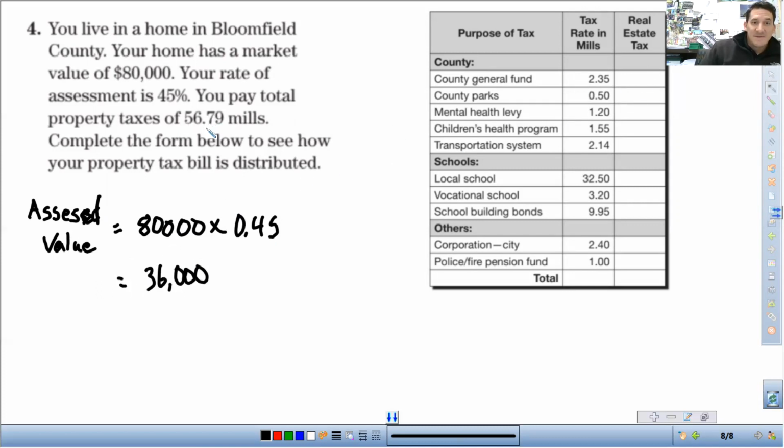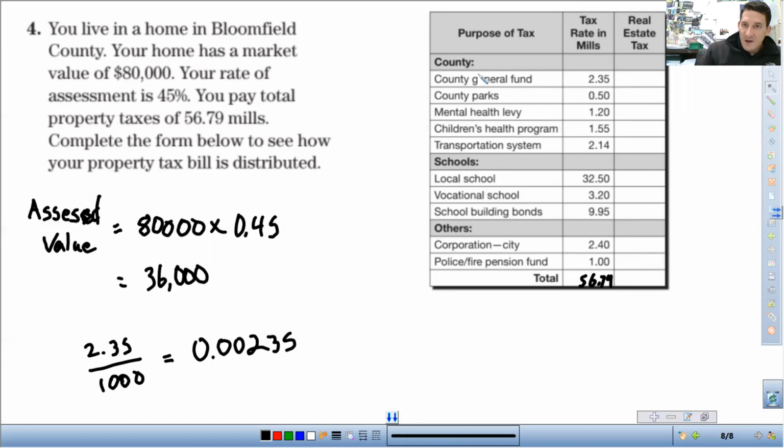This is what we're going to use to calculate these. The property taxes are 56.79 mills, and all of these are going to add up to 56.79. So I take this one, which is 2.35, and I need to divide it by 1,000. That's 0.00235.